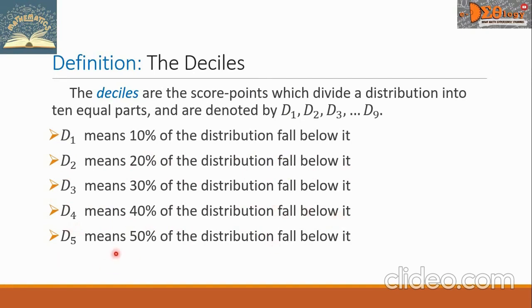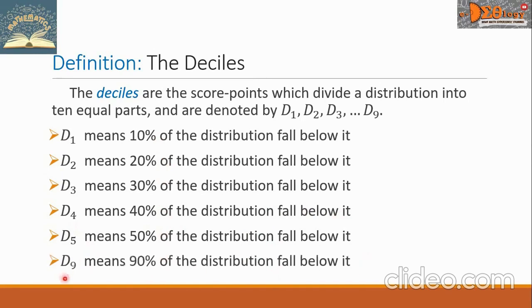D sub 5 means 50% of the distribution fall below it. I hope you can see a pattern on this. This pattern continues to d sub 6, d sub 7, d sub 8, and d sub 9 means 90% of the distribution fall below it.